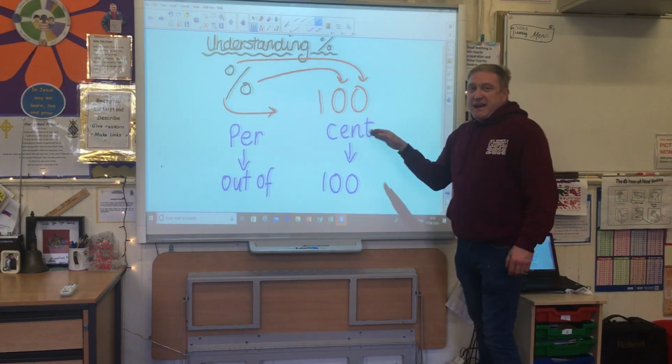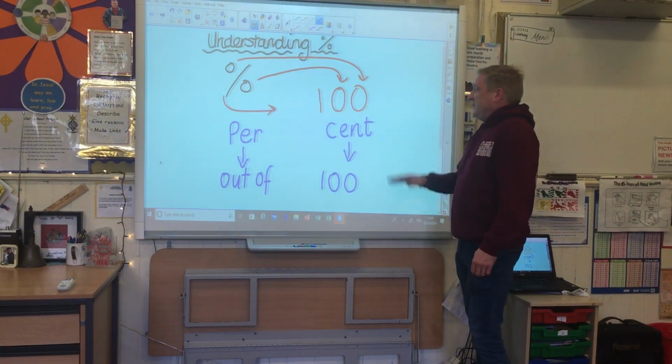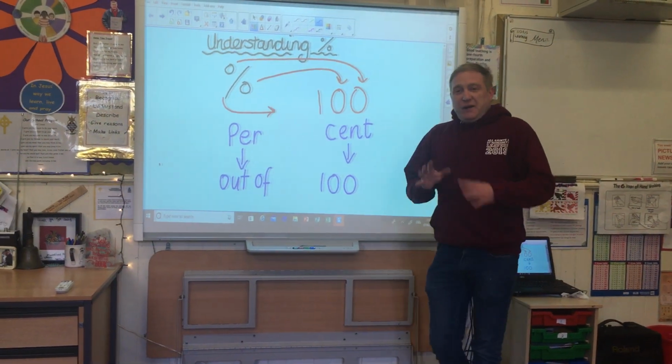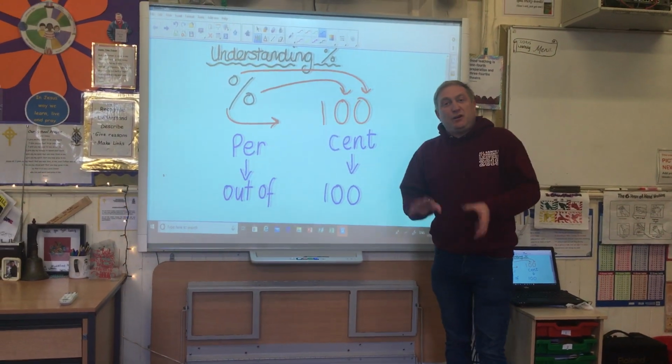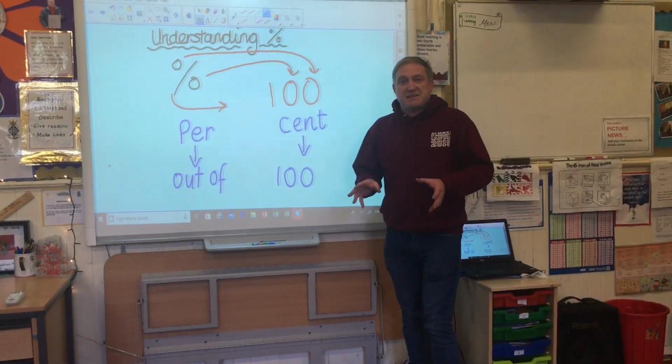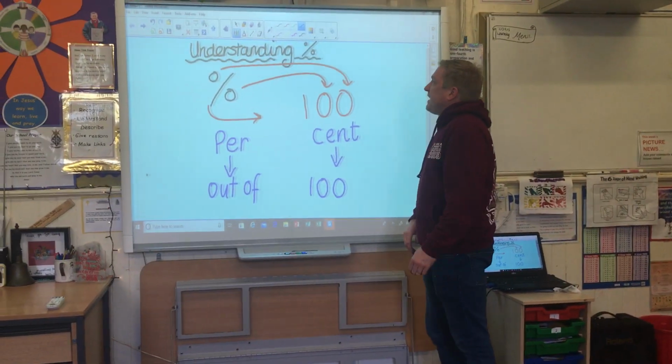So percent means out of 100. So we always split whatever amount it is into 100 equal parts, and that is percent.